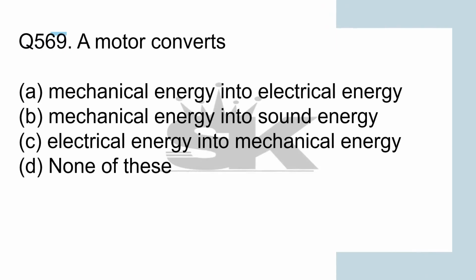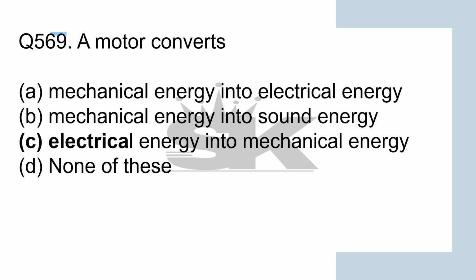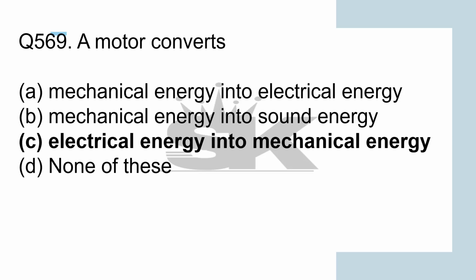A motor converts electrical energy into mechanical energy. A generator converts mechanical energy into electrical energy, while a motor does the opposite of it. It converts electrical energy to mechanical energy. I'll write it here. Generator converts mechanical energy to electrical energy.